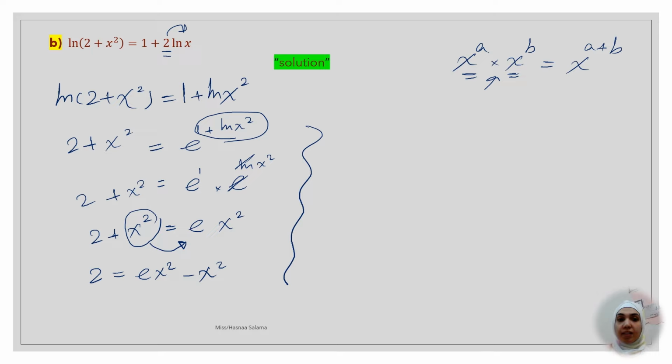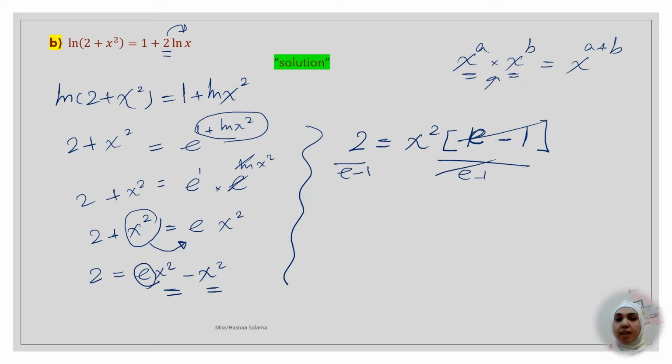After that, I can take x squared as a common factor: 2 equals x squared times (e minus 1), because here I have negative x squared, so when I take it out I have only negative 1. To get x squared, I divide by e minus 1 on both sides. It cancels, so x squared equals 2 over (e minus 1).